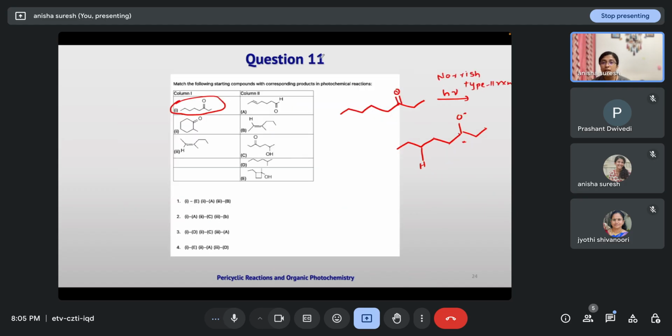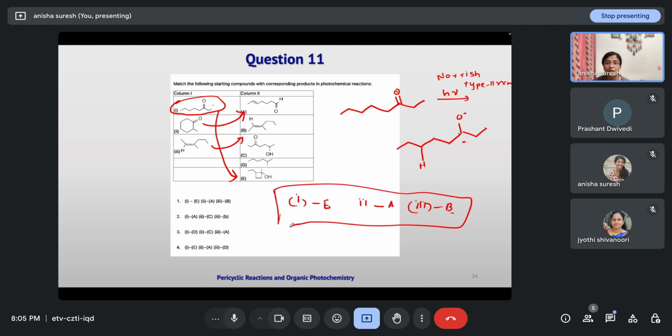Okay. So this one, it will give E, 2, it will give A. And this 3, it can undergo cis trans isomerization, leading to formation of B. So the right option will be 1 is E, 2 is A, and 3 is B. Okay, option 1 will be the right answer.